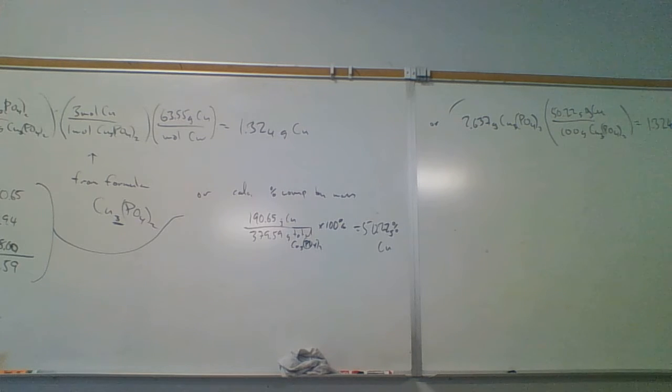The alternate way of doing it is more work, right? Because we have to calculate the percent composition by mass for the copper 2-phosphate, but in reality it's not more work because the percent by mass, we could look that up easily.